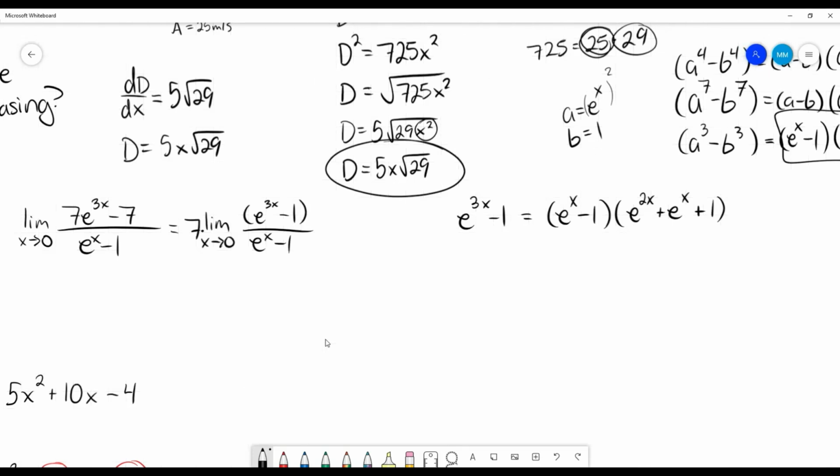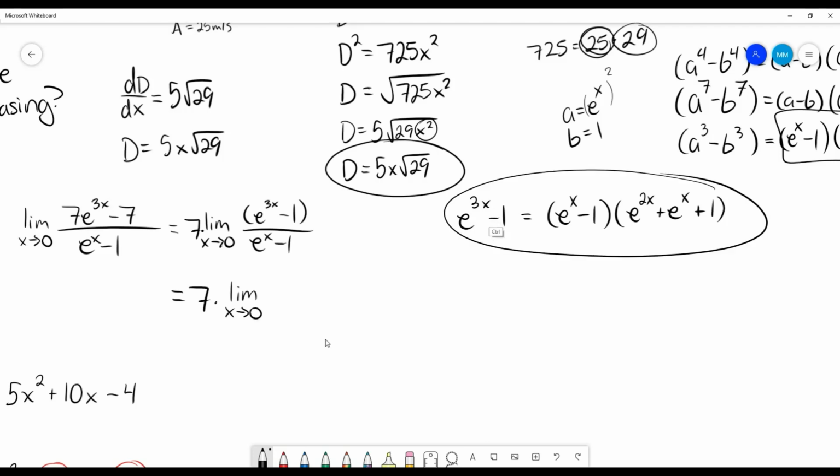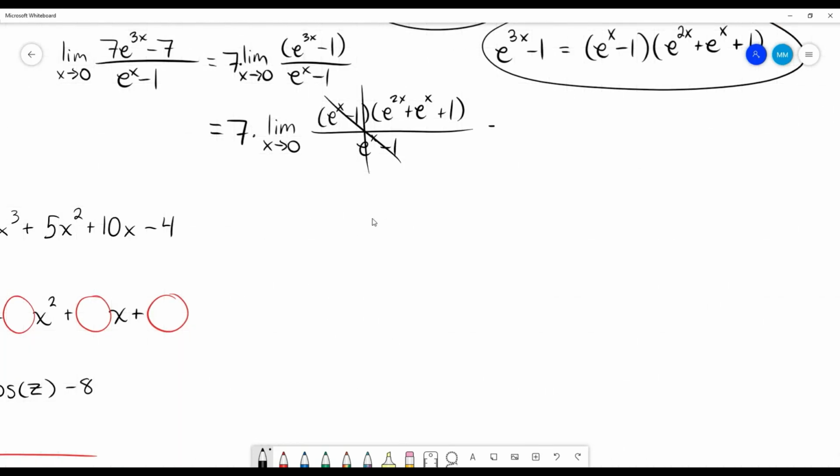So now we know that this is 7 times the limit as x approaches 0. We know e to the 3x minus 1 is equal to this. So I'm going to plug that in. e to the 2x plus e to the x plus 1 over e to the x minus 1. And I see that these cancel. Lucky us. So now I keep going.